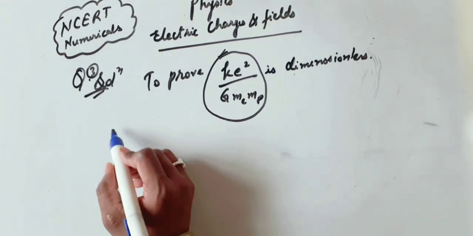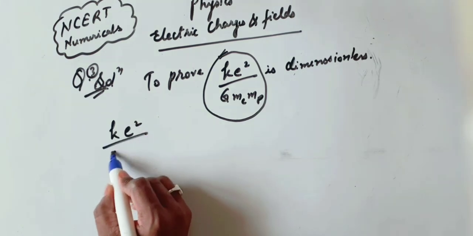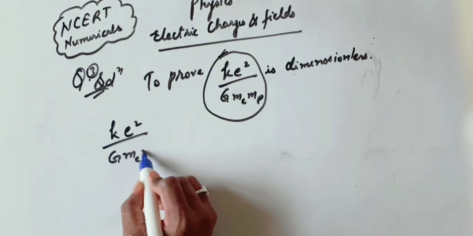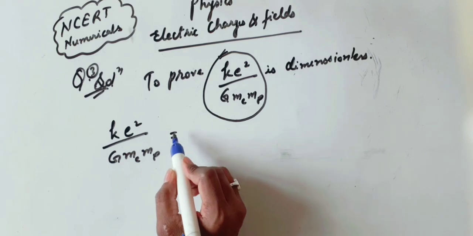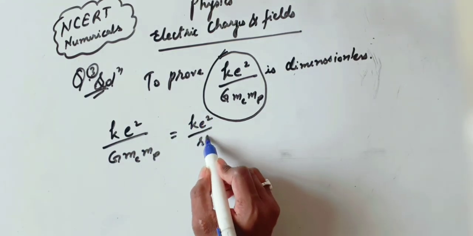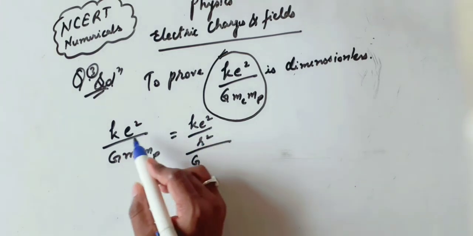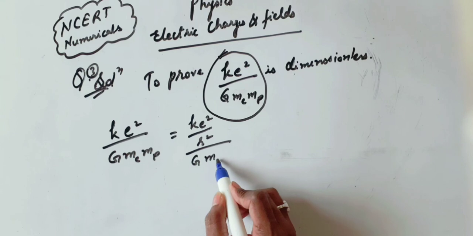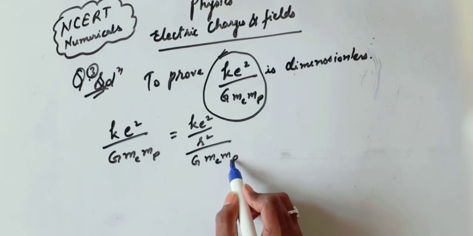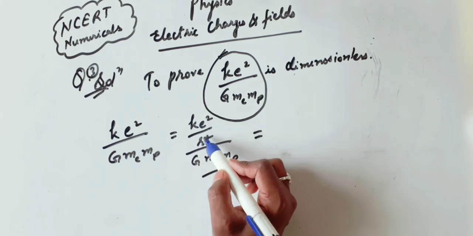Okay, so friends, we can write here K e square upon G me into mp. As we know, here we can divide by R square in the numerator and denominator. Okay, so here we will get K e square upon R square.